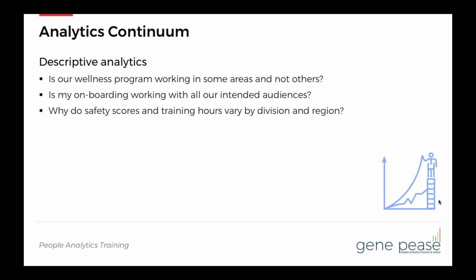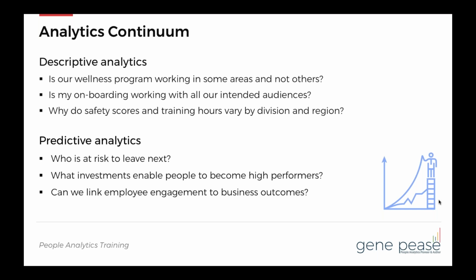You're not sure exactly how, but things are moving in directions that you like, and you're beginning to understand what's behind the investment and where it's working. When you move into predictive, you're taking that descriptive information and predicting against it with accuracy. So you can begin to look at things like who's at risk to leave next and what investments enable people to become high performers, for example.